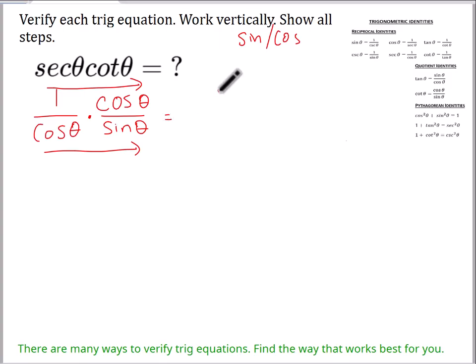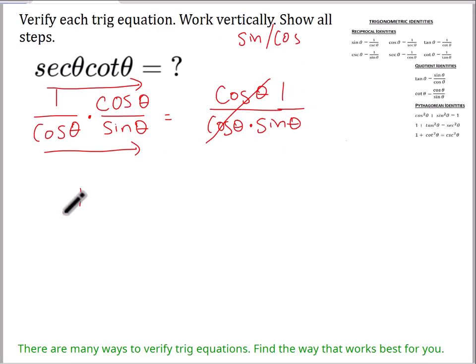And so when we do that, we end up with cosine of theta over cosine of theta times sine of theta. So they just get put next to each other. And so hopefully you notice that you have a cosine on top and a cosine on bottom, and those two things divide out. But don't forget your placeholder that there is still a 1 living in the top.